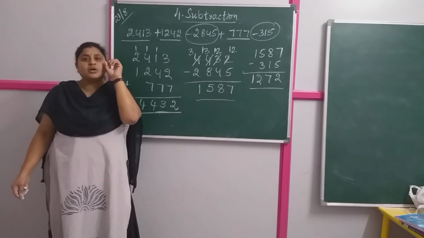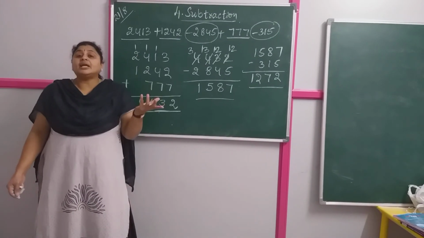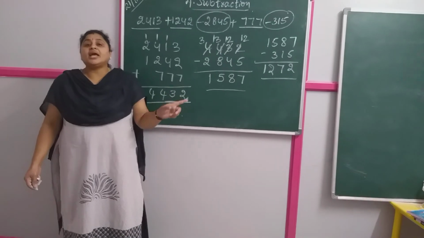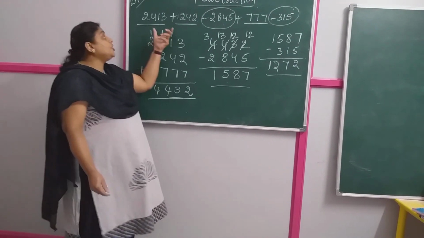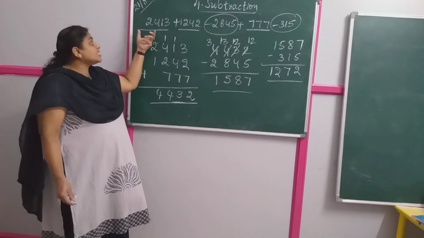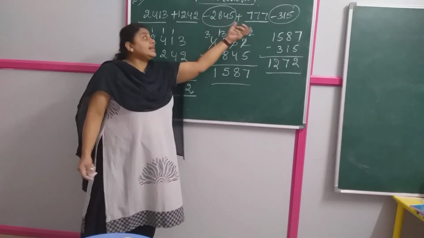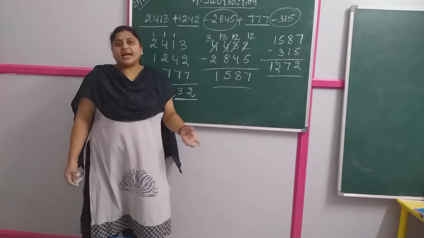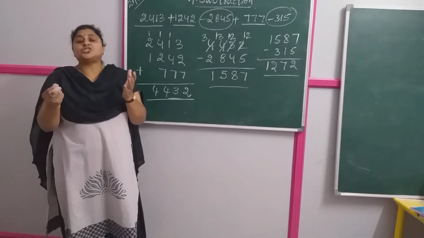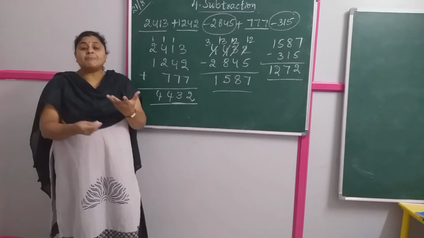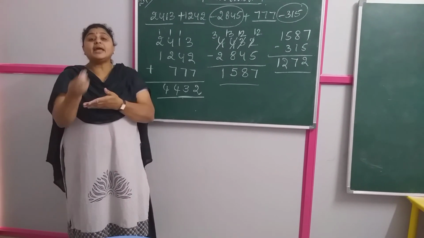Subtraction can be done only one time, but addition can be done n number of times. That is the difference between addition and subtraction. So whenever you have such a problem, first underline the numbers that have to be added and circle the numbers that have to be subtracted. Then you will get a clear picture which numbers you have to add and then what are the numbers to be subtracted step by step.